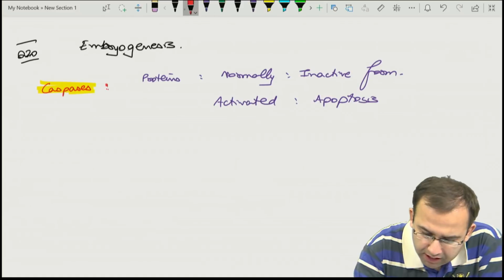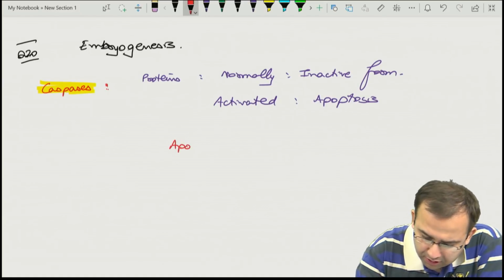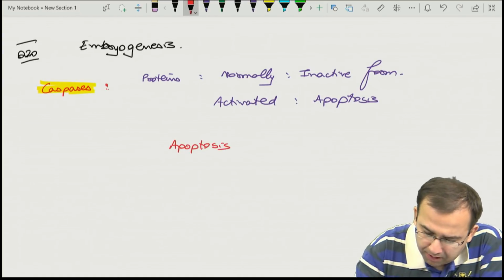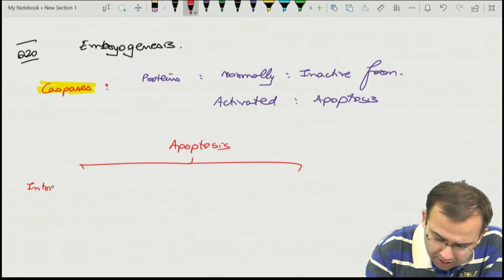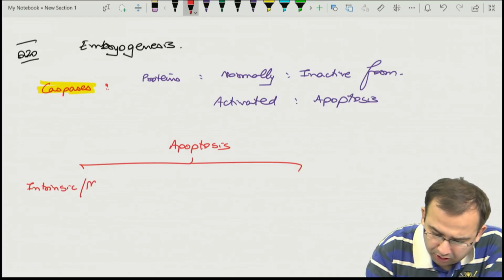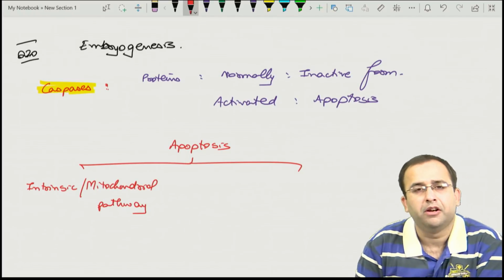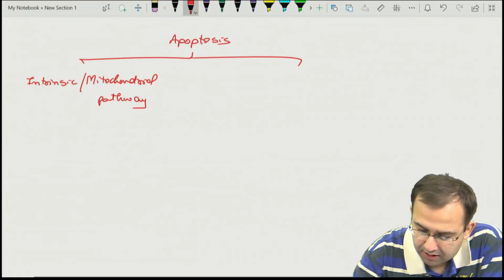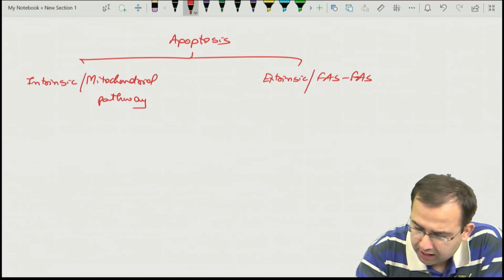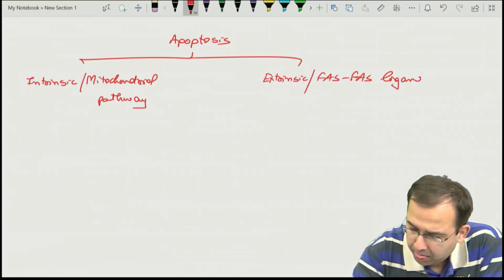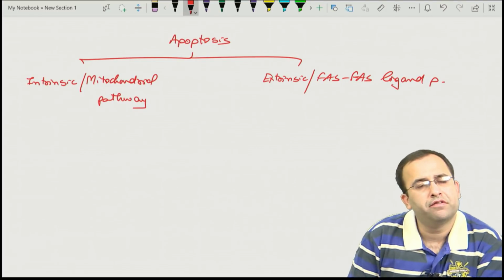So I can divide apoptosis pathways into two major types: the intrinsic or the mitochondrial pathway, and the extrinsic or Fas ligand pathway.